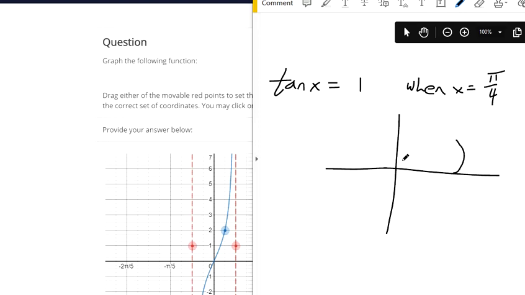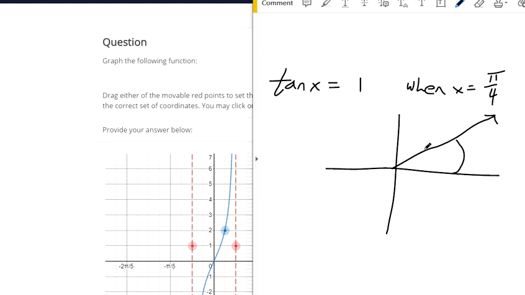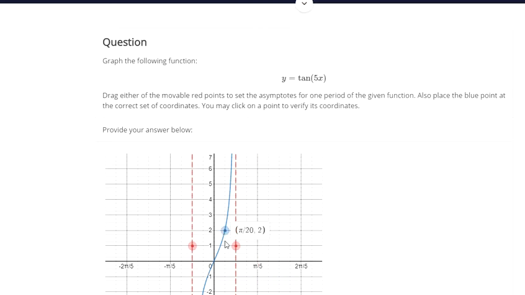So here's pi over 4, right? And if you were to draw that special triangle, it's a 45-45 triangle, because pi over 4 is 45 degrees. So it means the opposite and the adjacent are the same thing. The opposite divided by the adjacent equals 1. So when x is pi over 4, so on the x-axis, we got to find pi over 4. We're going to get 1.